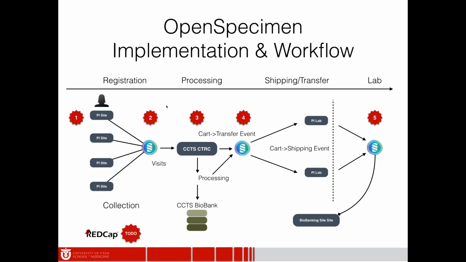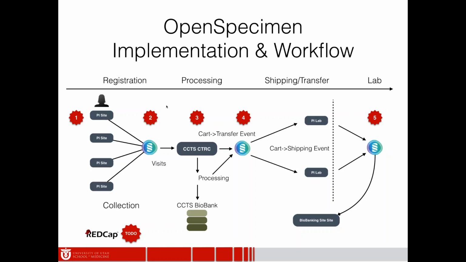So steps 1, 2, 3, and 4 are for anybody who's going to use the CTRC for specimen processing, whether or not they use OpenSpecimen in the end at their lab to manage their samples. We're hoping that this becomes a very useful setup for everybody and that they do want to move to using OpenSpecimen, but it's not a requirement for actually using the CTRC to manage their samples in the lab, but they will have to use OpenSpecimen to actually use the specimen processing.